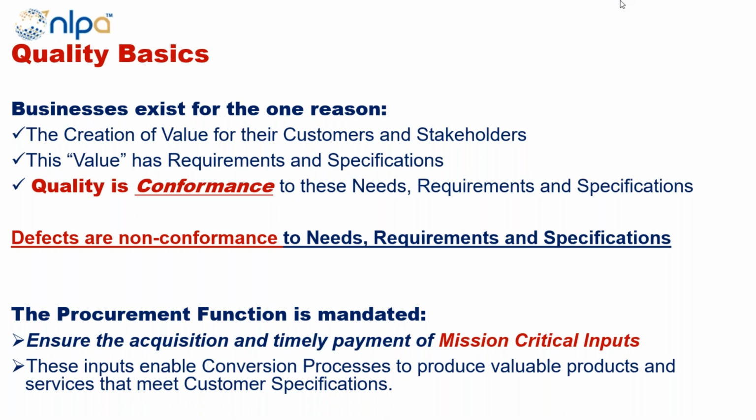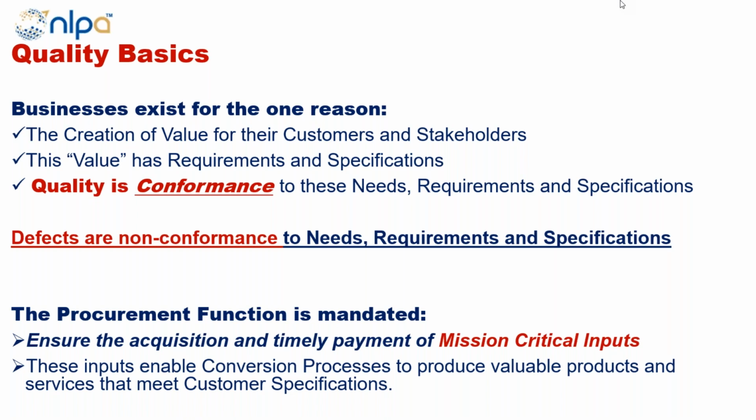And we have to understand the role that the procurement function and the supply chain function plays relative to the enabling of the creation of value. The supply chain and the procurement functions in particular are in a very unique position to enable our organizations to realize their mandates and their mission statements.